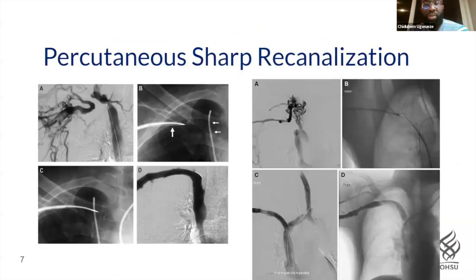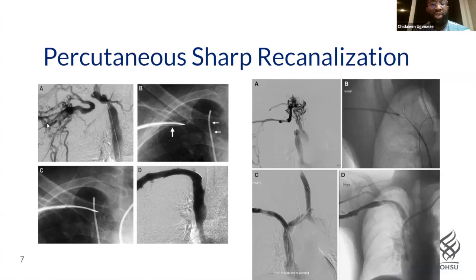So these are a couple of examples of percutaneous sharp recanalization. In this case, we have a short segment stenosis of the subclavian vein. This is an angiogram, a venogram. The venogram is performed both from the SVC and from the right brachial vein.